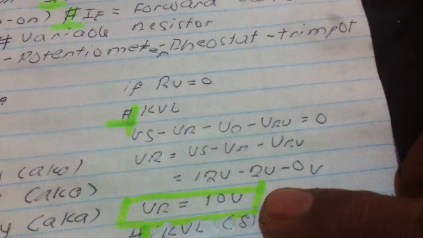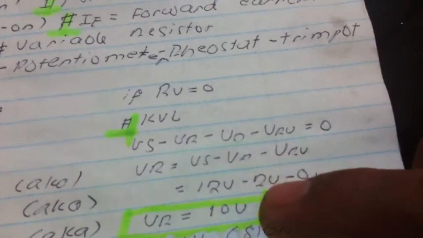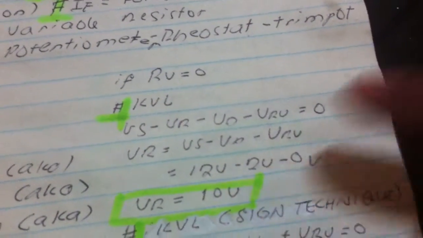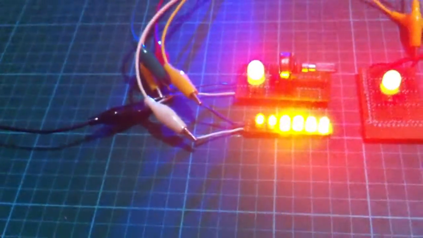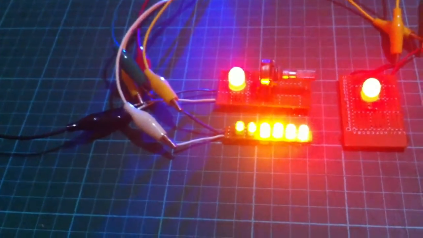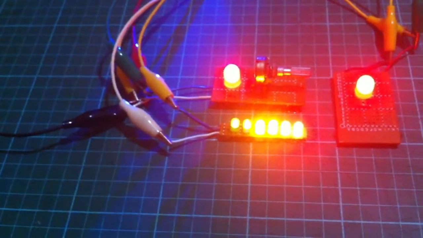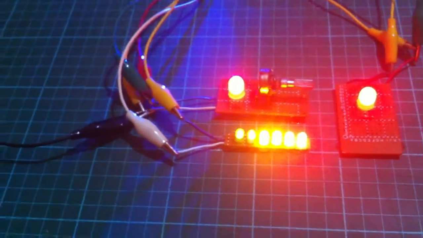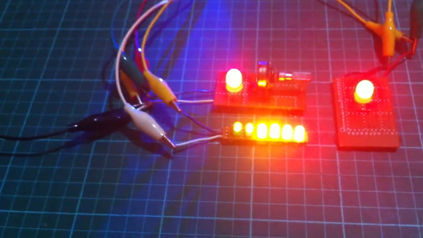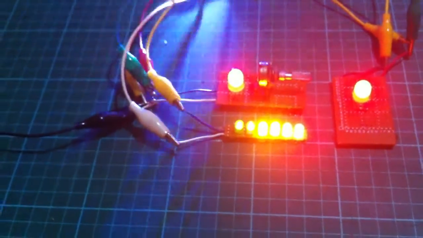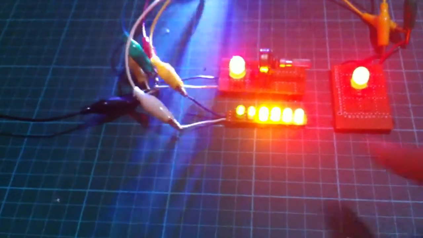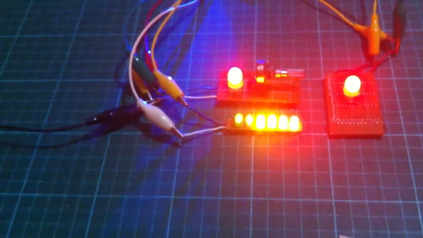And substitution: since the voltage rating of the LED is 2 volts, it means this is 2 volts. Why? Because it turns on. And we know the voltage rating of an LED that turns on is 2 volts. That is the standard calculation for this type of LED.